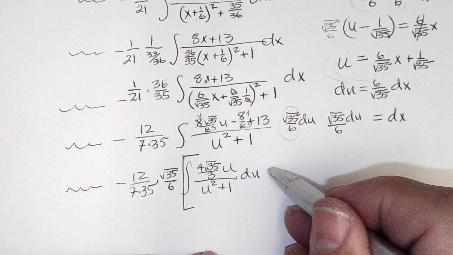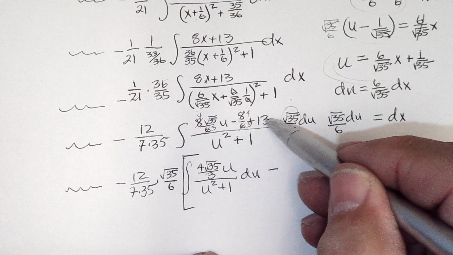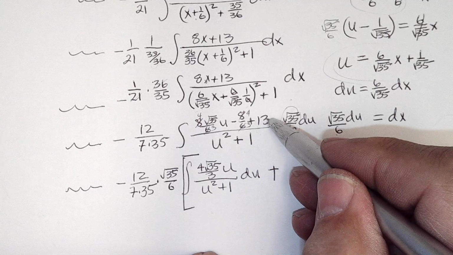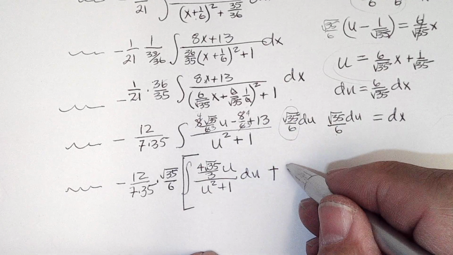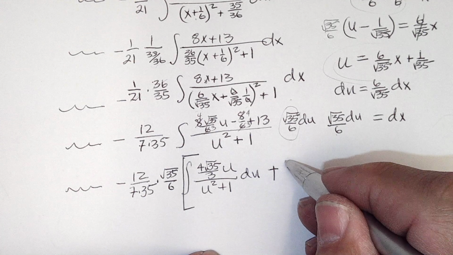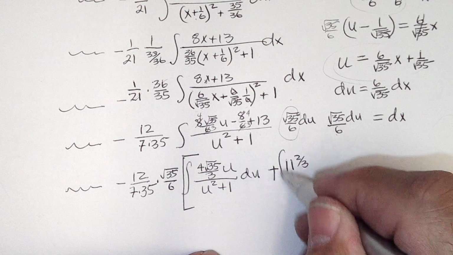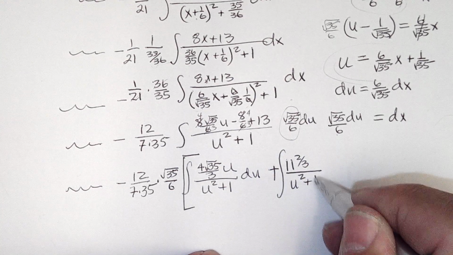And then I'm going to have minus 4 thirds plus 13. So that's 1 1/3 from 13, so that's 11 2/3 over u squared plus 1.